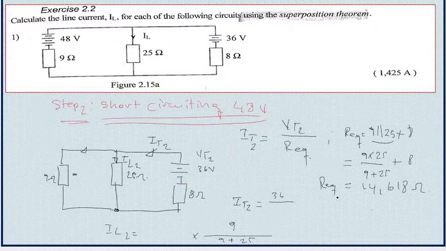As I have the equivalent resistance, to get the current I'll just substitute it here. That's going to be the total current. So I have 36 divided by 14.618. So I get 2.463 amp.